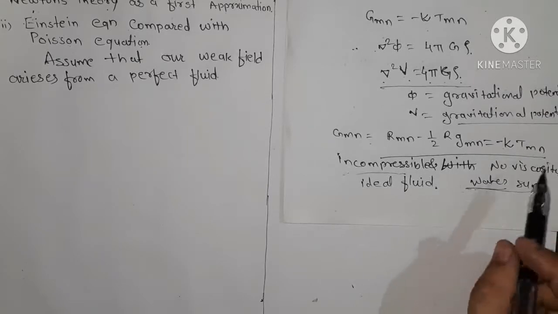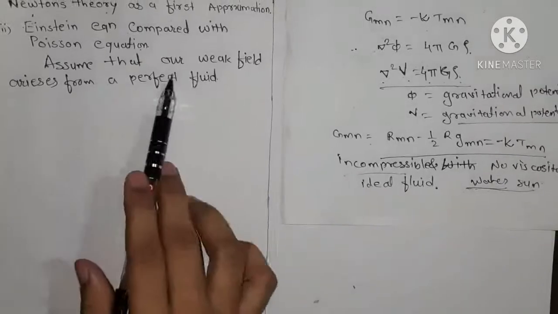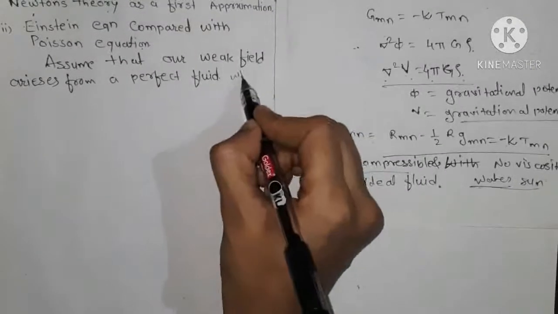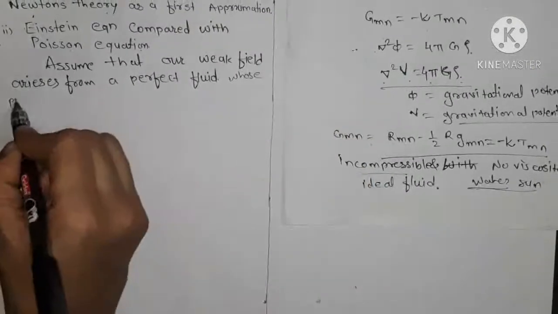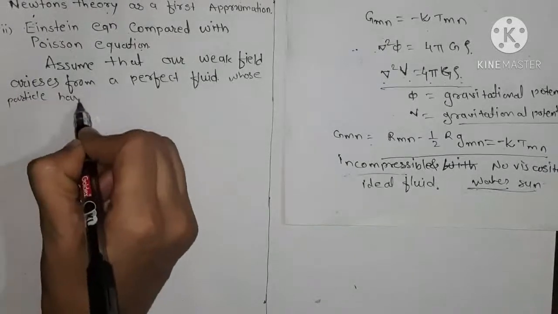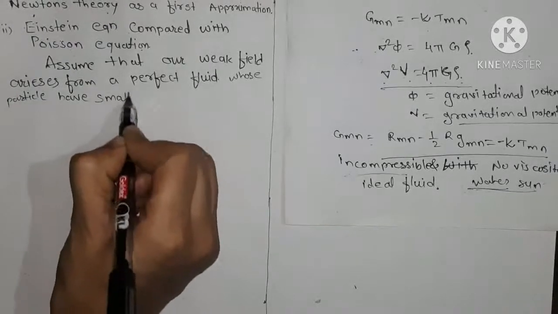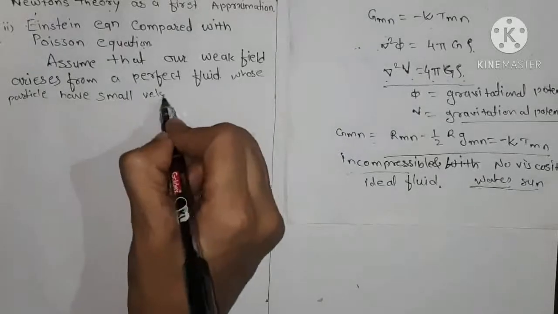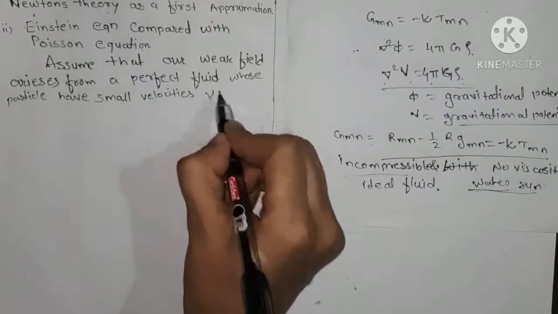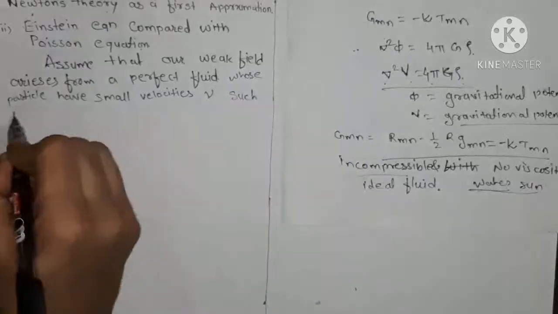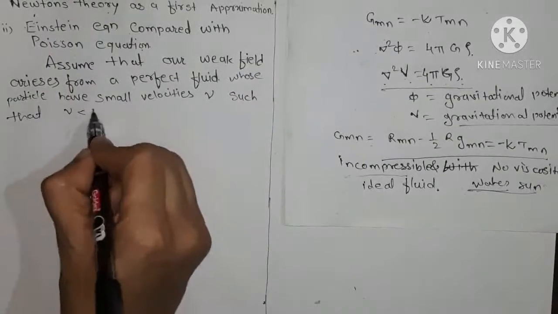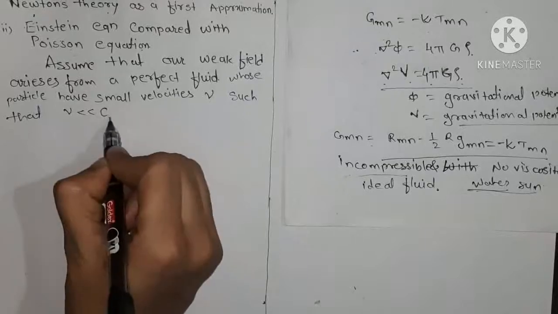So we assume that our weak field arises from a perfect fluid whose particles have small velocities. We denote the velocity as v, such that v is very much smaller than c, the speed of light.